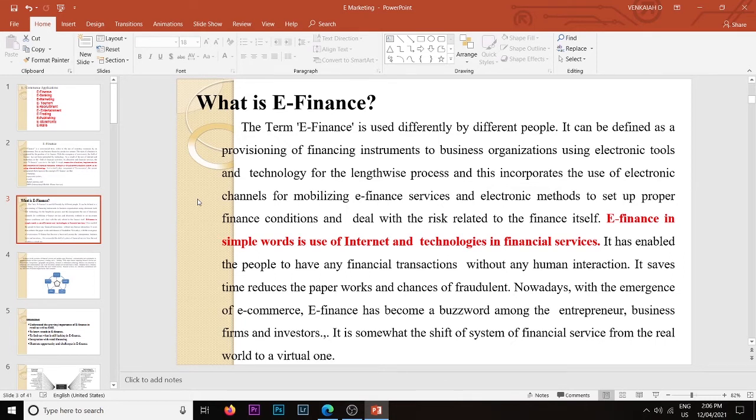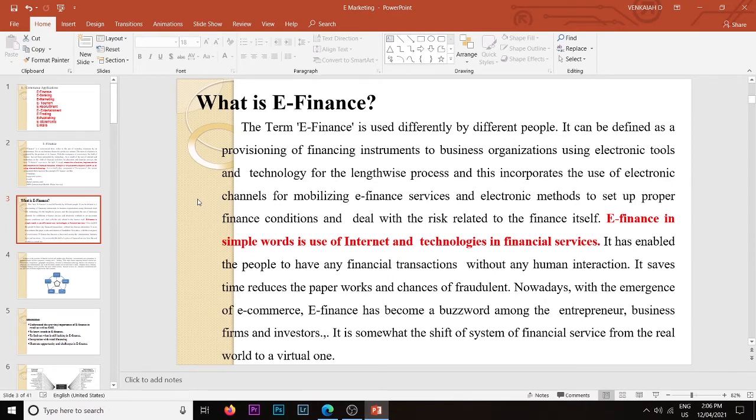It incorporates the use of electronic channels for mobilizing e-finance services, electronic methods to set up proper finance conditions, and dealing with the risk related to the financing. Directly or indirectly, e-finance is the usage of internet and technology in financial services.